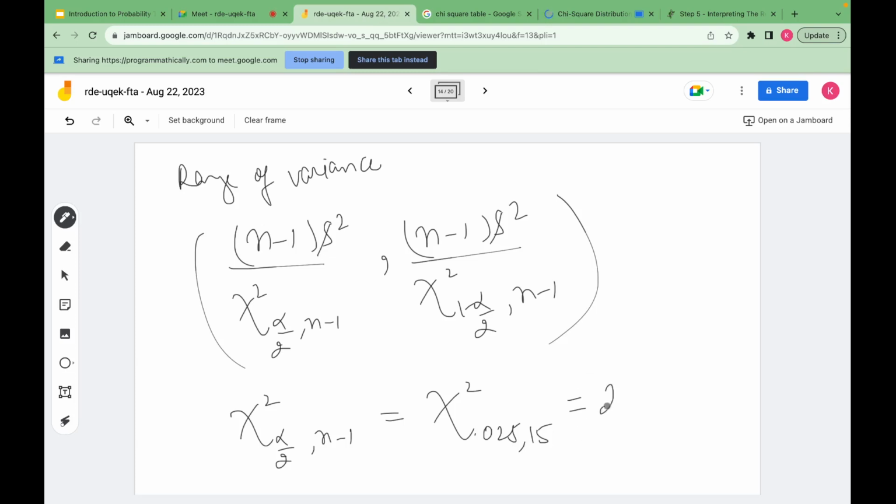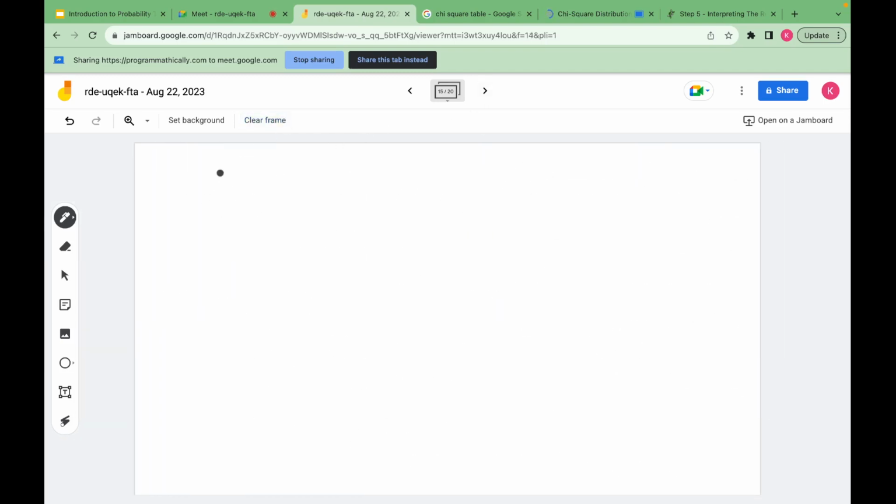So this value is 27.488. Okay, similarly the chi square value for 1 minus alpha by 2 with n minus 1 degrees of freedom, this is 0.975 comma 15.